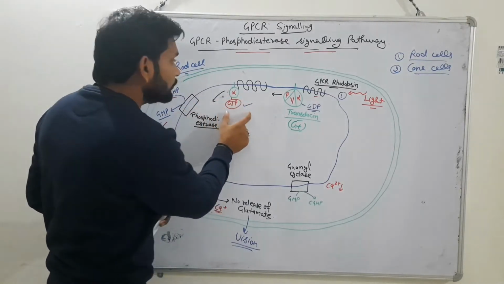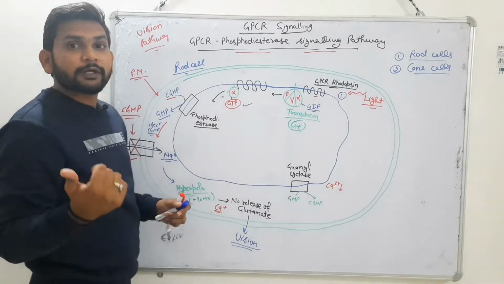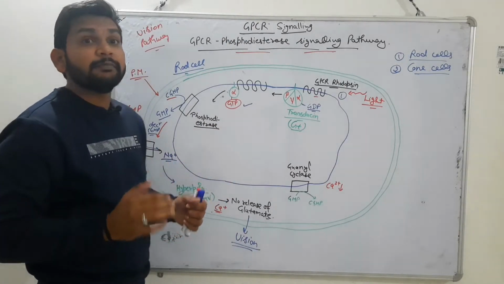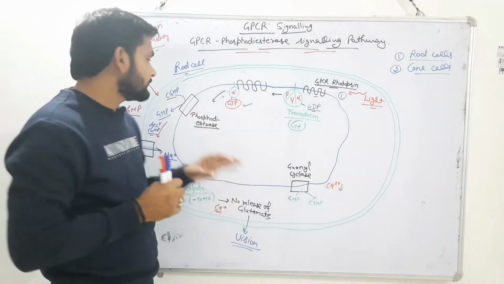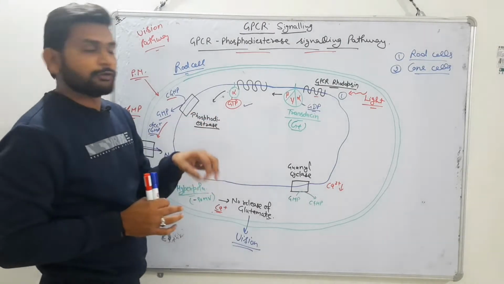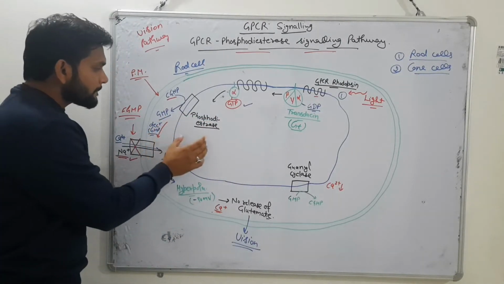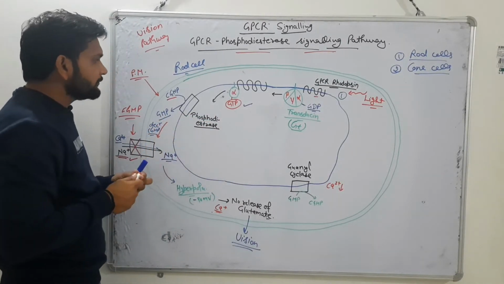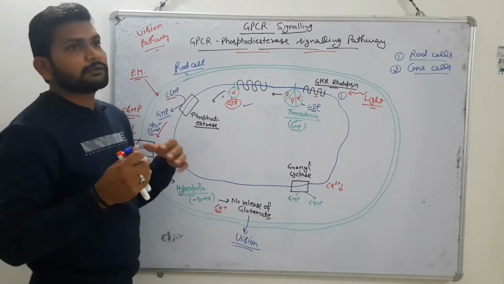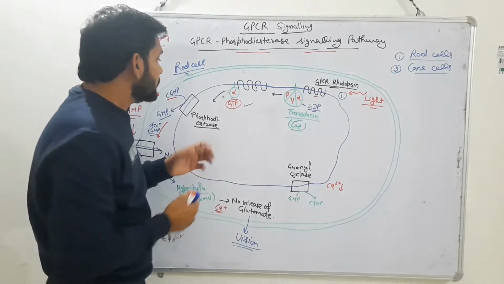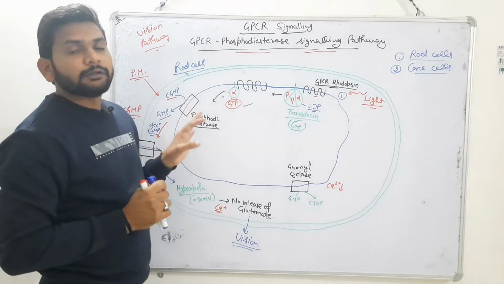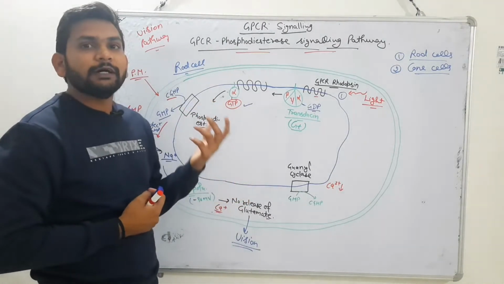That means the phosphodiesterase enzyme is blocked and does not work in the dark. So in the dark, cGMP formation takes place, and the concentration of cGMP gets high in the cytoplasm.